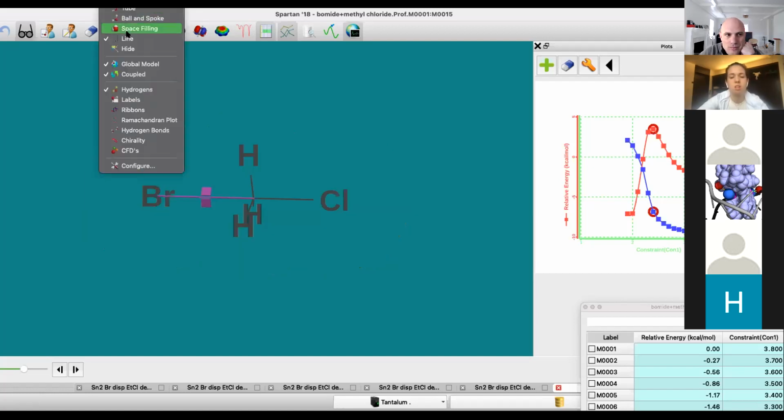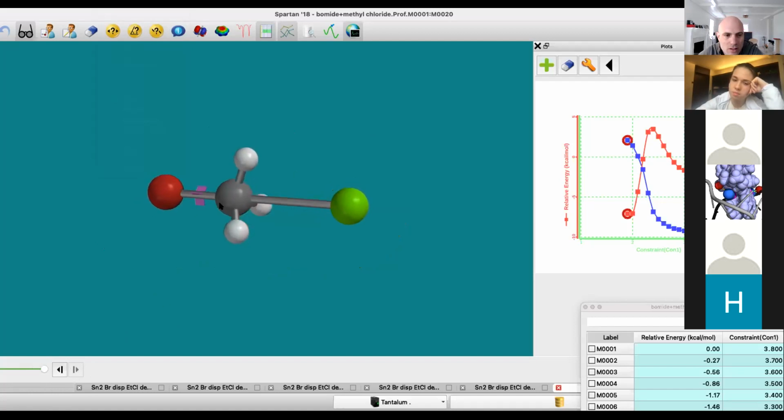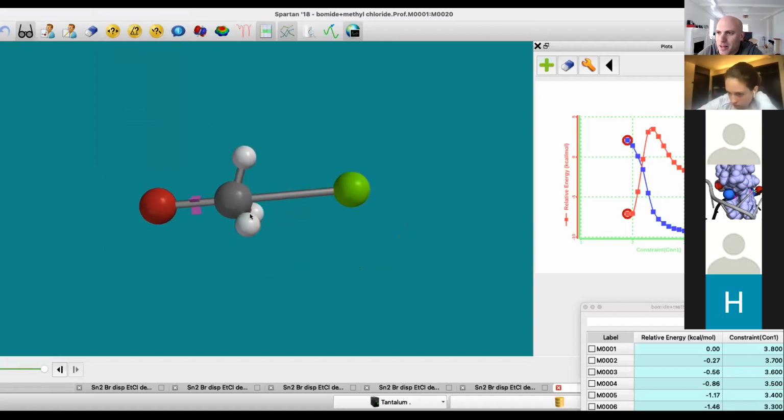And so that's the peak of the energy diagram, and then we continue moving on. You can see that the carbon-chlorine bond is lengthening. The carbon-bromine bond is getting a little shorter, and this is kind of where the simulation stops. But the hydrogens now are on the other side, okay? And so that's the inversion that we've been talking about.